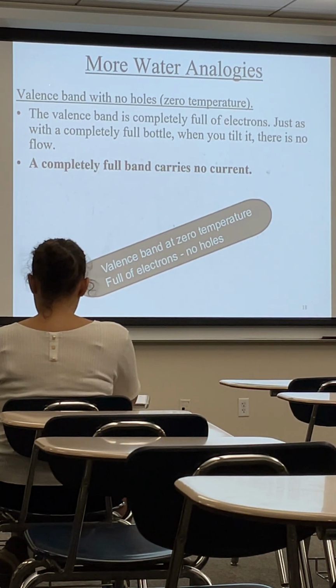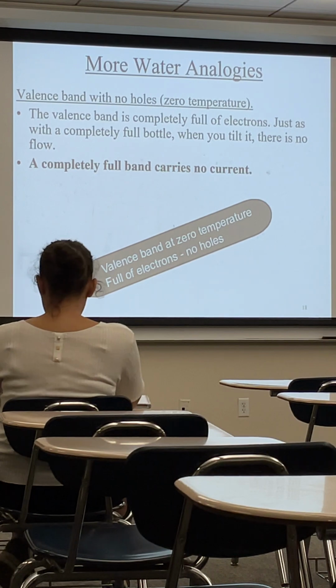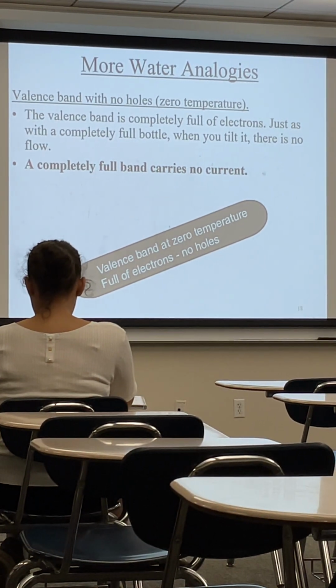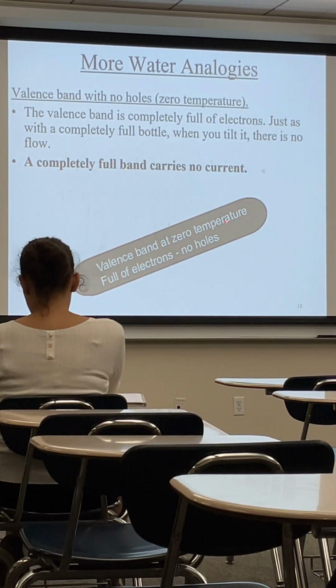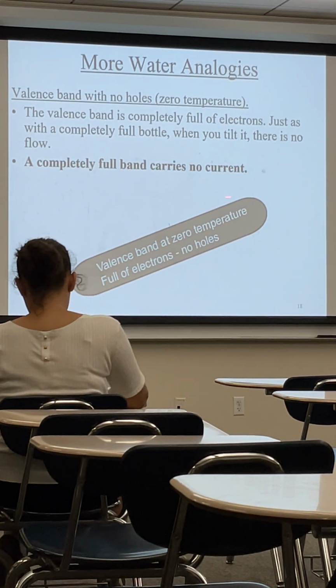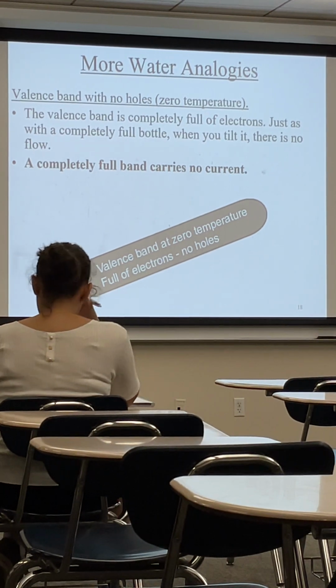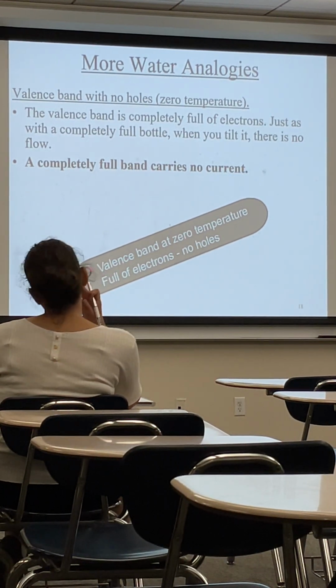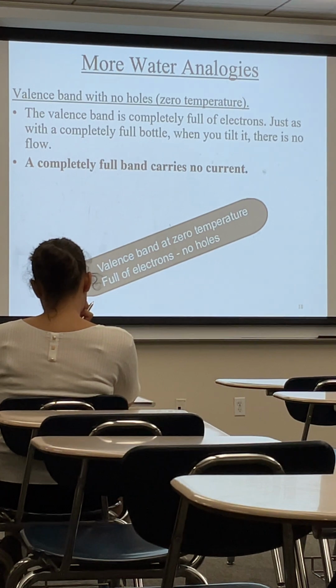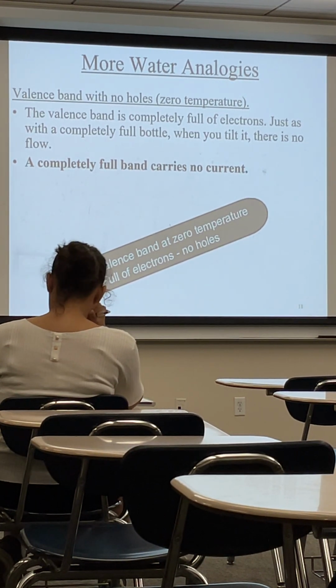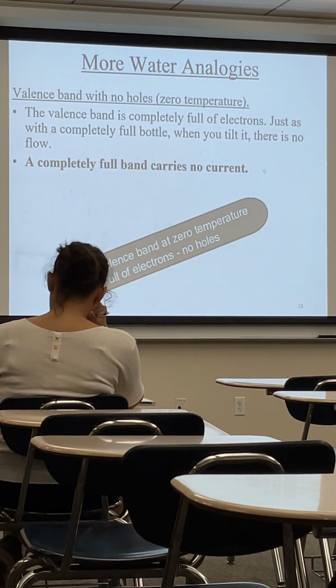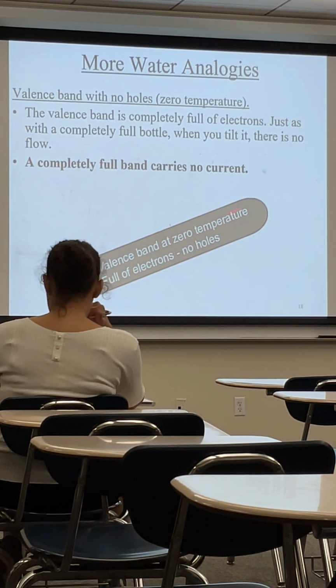So if we have a valence band with no holes, this is equivalent to a completely full bottle, right? And if we tilt it, there will be no flow. So basically, a completely full band carries no current.